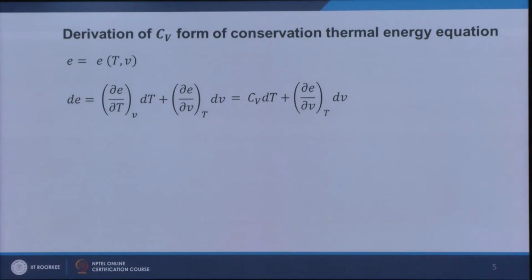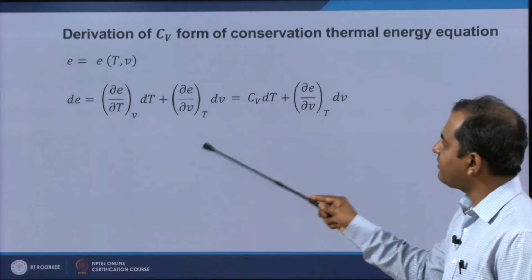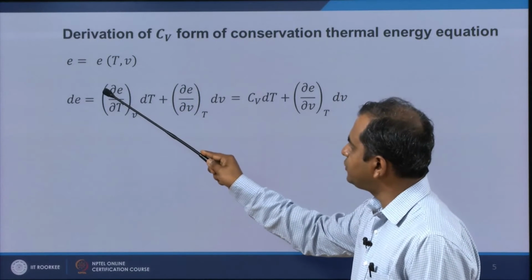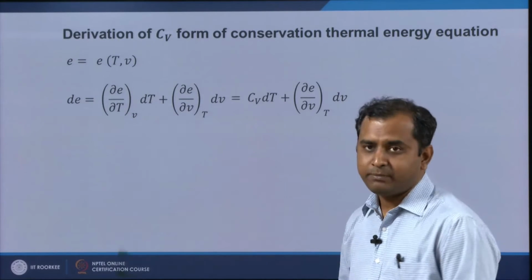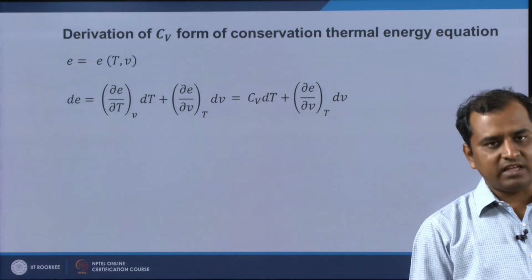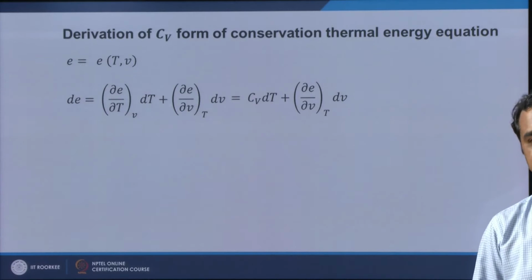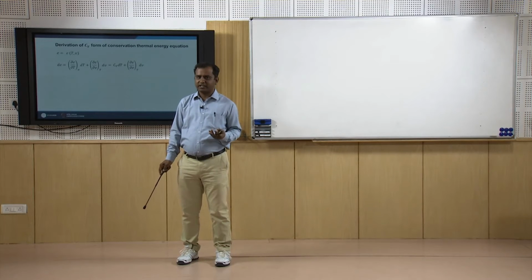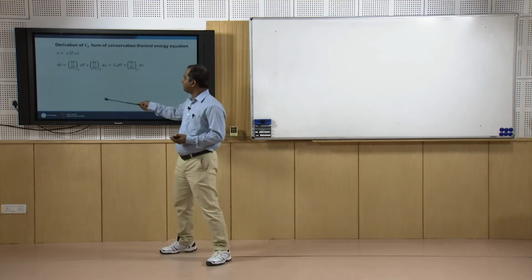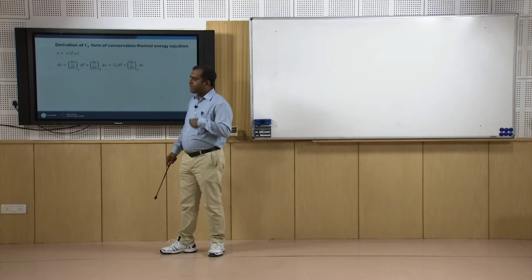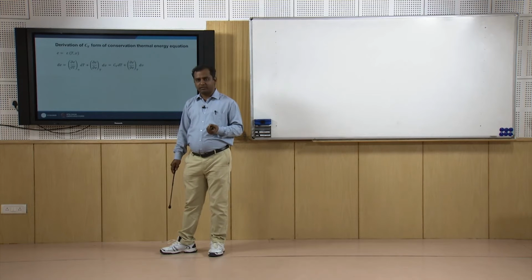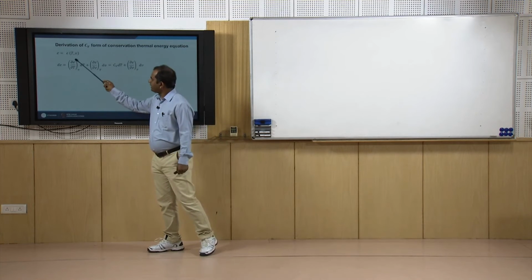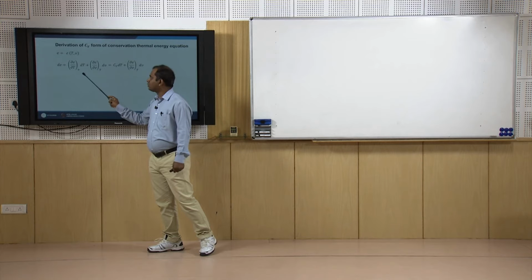Okay. And in this expression, you see, the first term is del E/del T, that means what amount of energy you require to change the temperature per unit degree. I am not mentioning the unit because here we have dT, so that is unitless. So, per unit degree change of temperature, what amount of energy is required at constant volume.